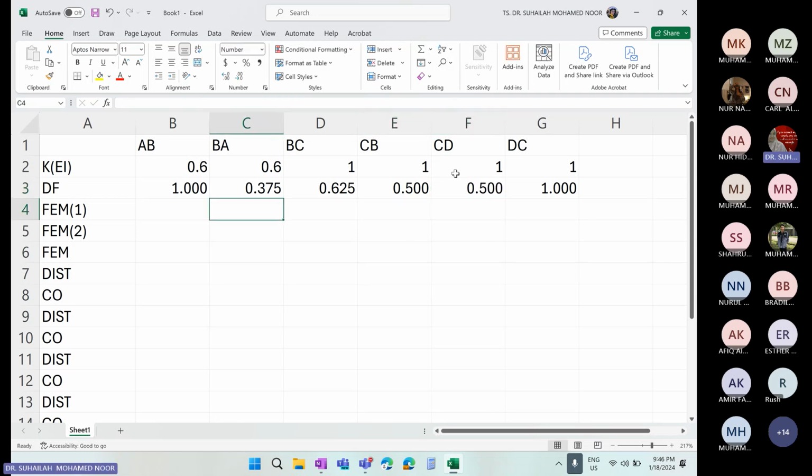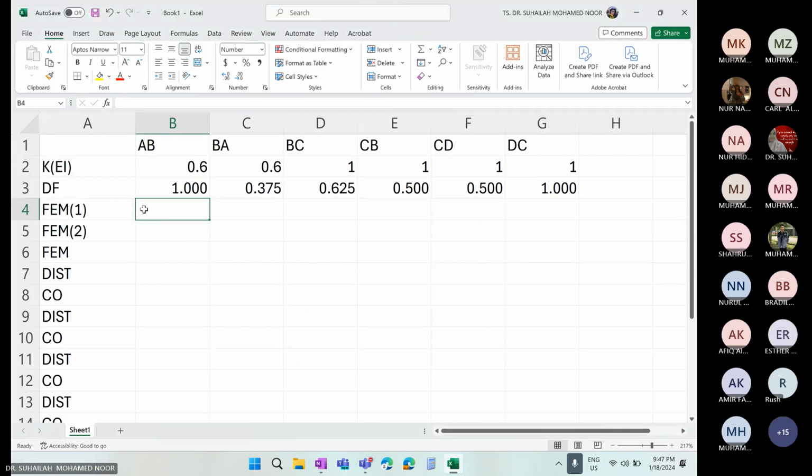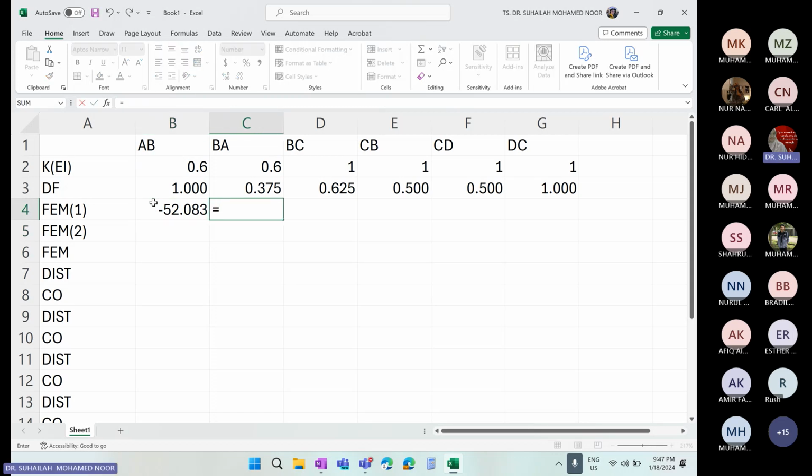Okay, for fixed end moment, UDL on member AB, 25 and 5. It is negative WL squared over 12, 5 squared, 25, and positive. One negative, one positive for external loading.